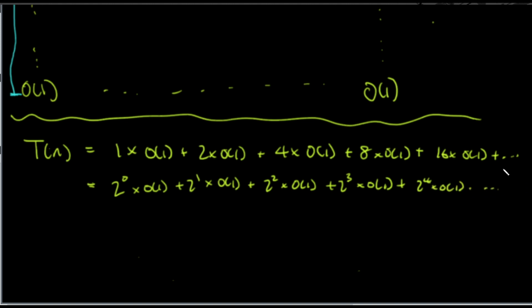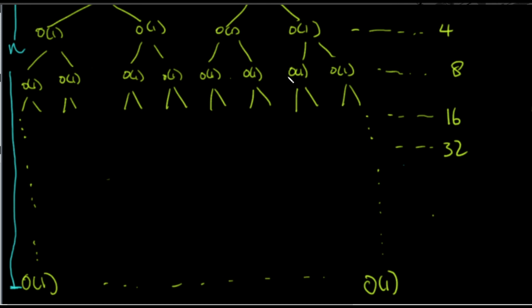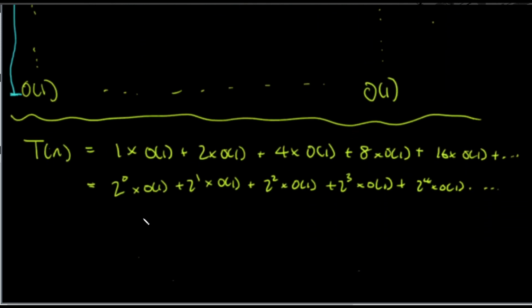The question is, when does it stop? Well, we went from 2 to the 0, to 2 to the 1, to 2 to the 2, to 2 to the 3, to 2 to the 4. And now given that this height is n, we know that this will stop at 2 to the n times O of 1.